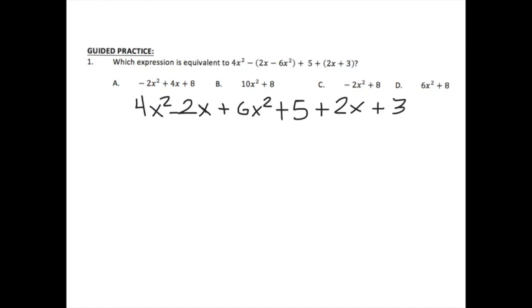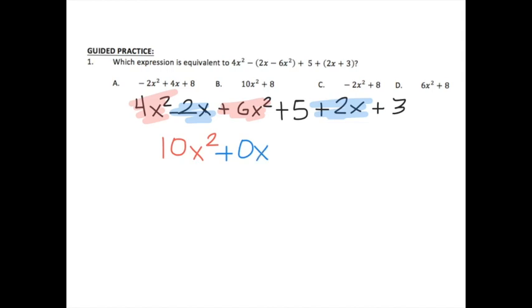After we are here, the only thing that we need to do is start looking for like terms. For example, my 4x squared with my 6x squared gives me a total of 10x squared. Then my x's with my x's, which in this case is -2x plus 2x, will cancel each other and turn into a 0, so there's no need for me to write it.